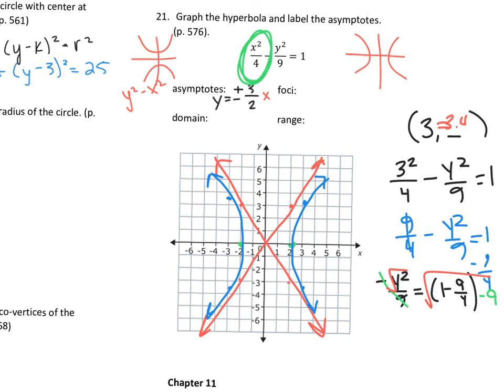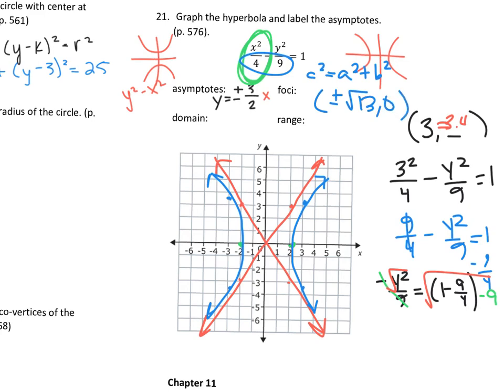Okay, now I need to also find the foci. The formula to find the foci is going to be c squared equals a squared plus b squared. So adding 4 plus 9 is 13. The foci are on the horizontal or the transverse axis, which is horizontal. So the foci will be at plus or minus root 13, 0.